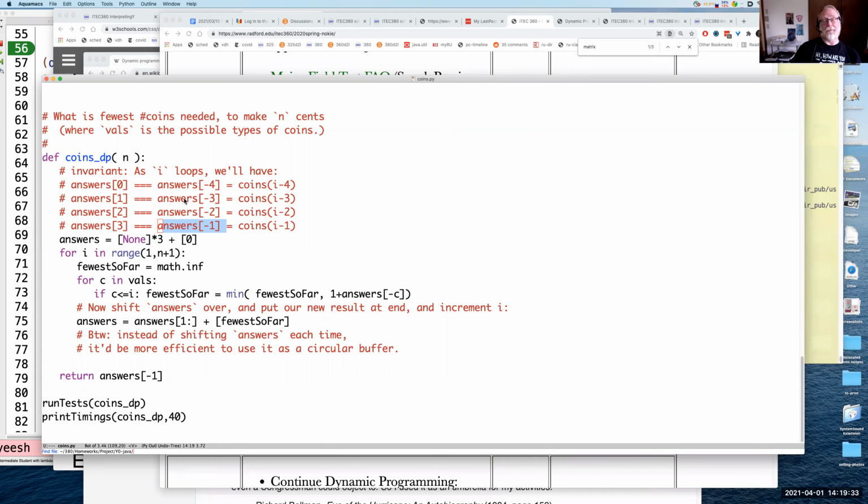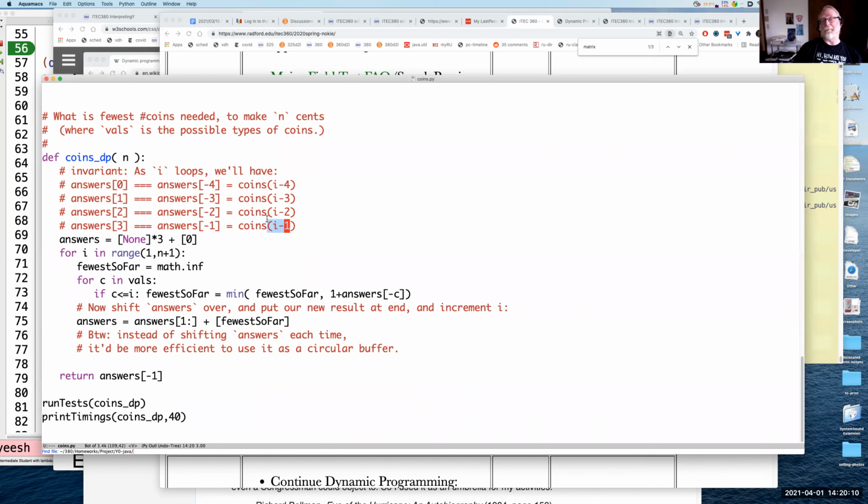So if you have an array with indices 0, 1, 2, 3, and I try to access answers of -1, it wraps around and comes back to answers of 3. So in Python, you can say answers of -1 and it will get you the one most previous back.